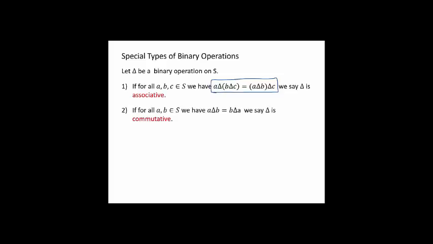Examples of operations on sets that are associative and commutative would be addition and multiplication on the sets R, Q, or Z. So we know that addition and multiplication on, well, let's just put R, are both associative and commutative.